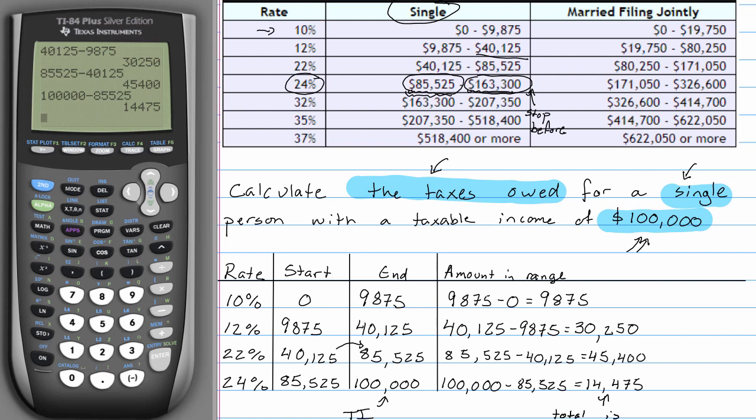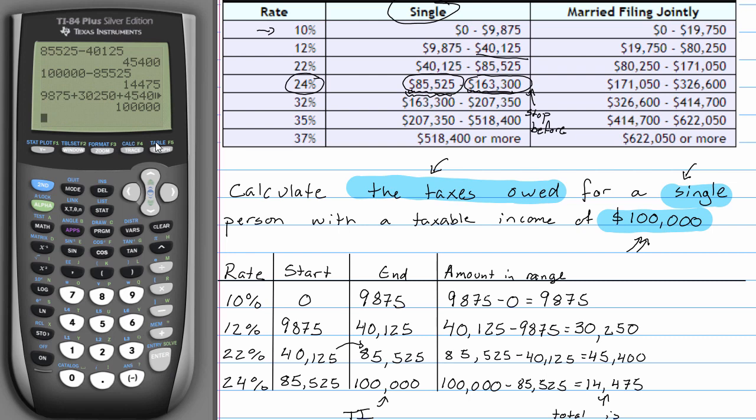Okay, so if we add up all of those numbers, this is all of the money that this person made, or all of their taxable income. All of the money that they made that they're going to be taxed on. Right? If we add up 9,875 plus 30,250 plus 45,400 plus 14,475, that comes out to the whole 100,000 in taxable income.